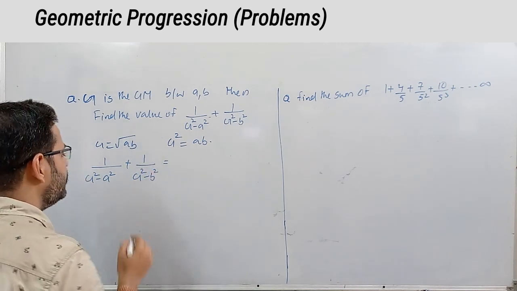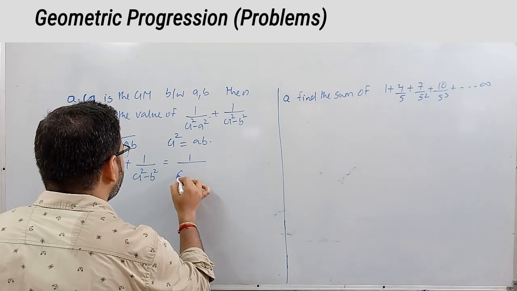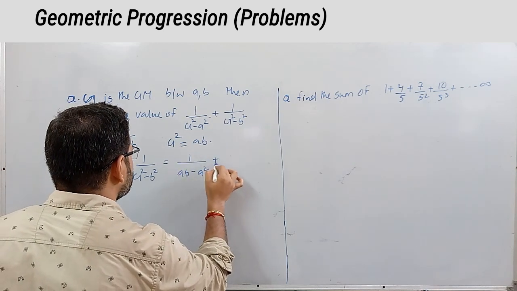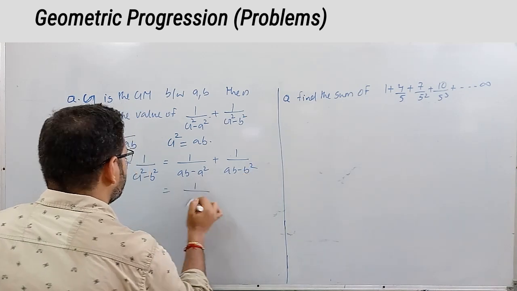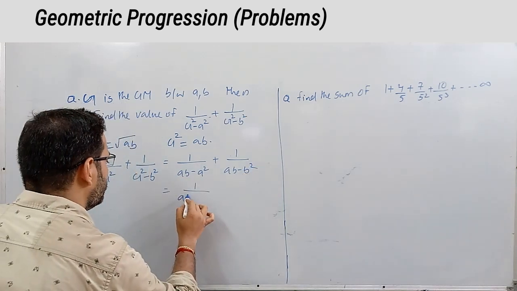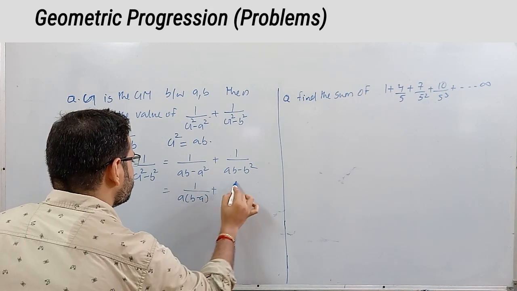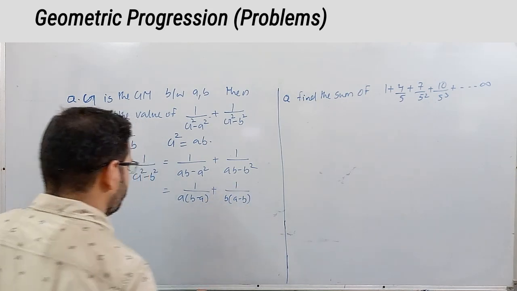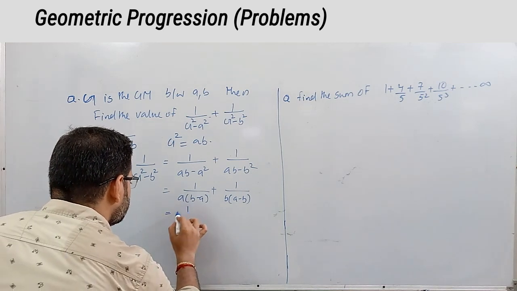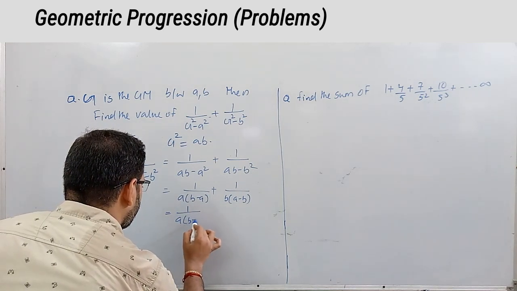Substituting the value of G square, we get 1 by AB minus A square plus 1 divided by AB minus B square. Taking A outside, A into B minus A, plus 1 divided by, taking B outside, B into A minus B.